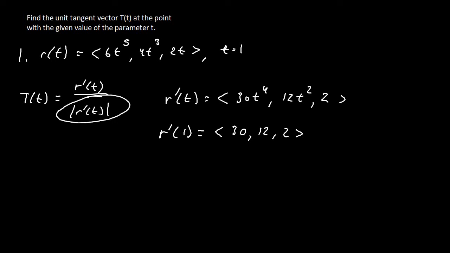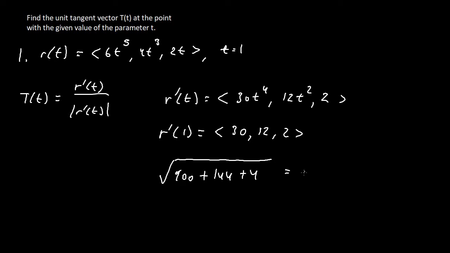All we have to do is take the square root of the x component squared, so 30 squared is 900, plus the y component squared, 144, plus the z component squared, which is 4. That gives us the square root of 1048. You can also simplify this into 2 times the square root of 262, since 4 times 262 gives you 1048.